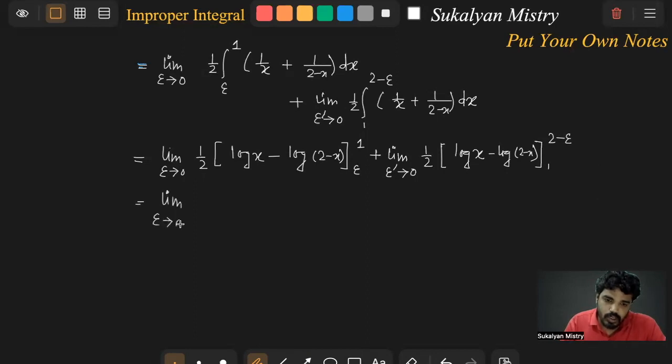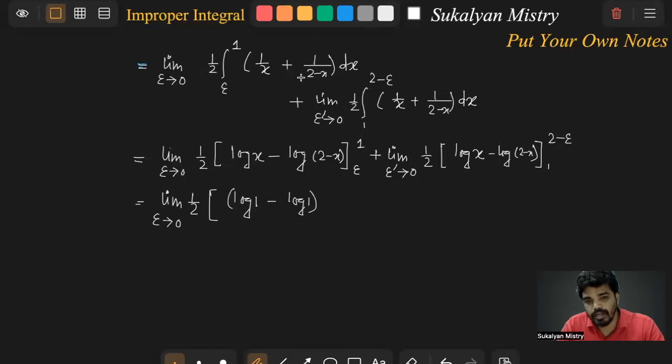So limit epsilon tends to 0, 1 by 2. Now put the upper limit, that is log 1 minus log 1. Take this upper limit minus lower limit, that is log epsilon minus log 2 minus epsilon. Take plus limit epsilon dash tends to 0, 1 by 2.